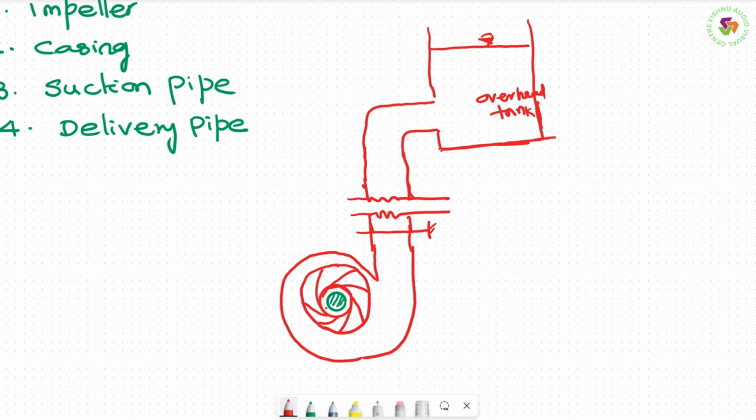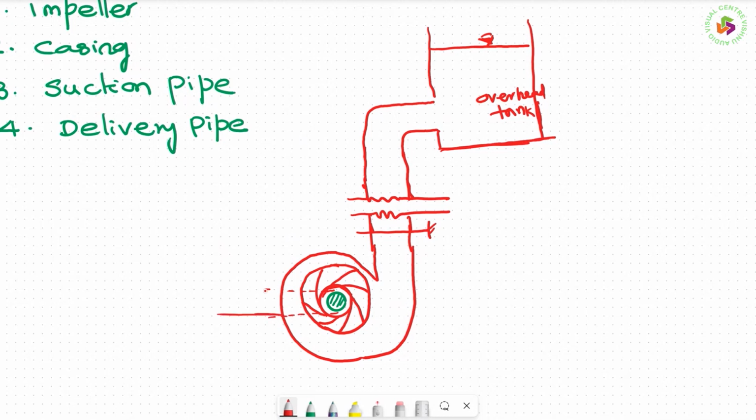If I see how the suction pipe goes from the center, I am showing it here with dotted lines.